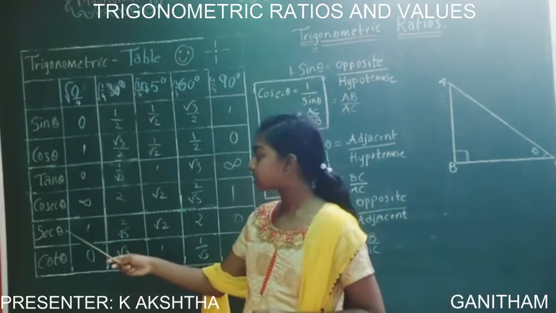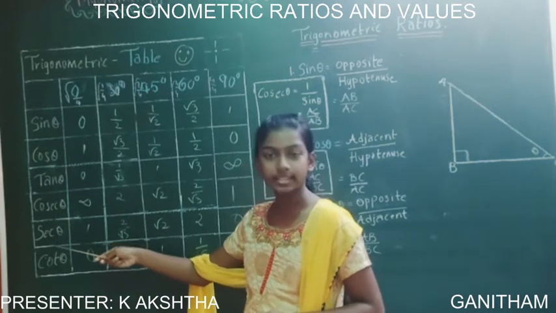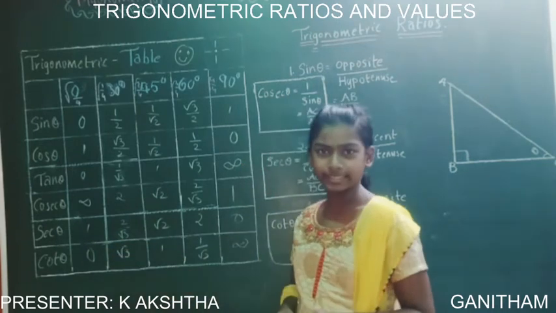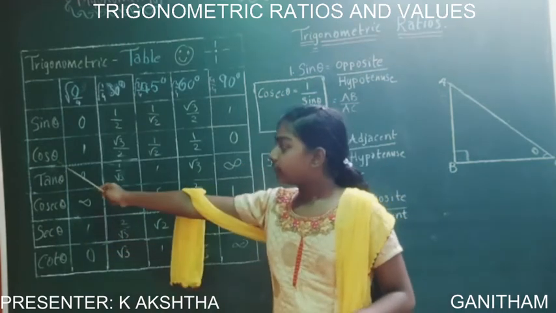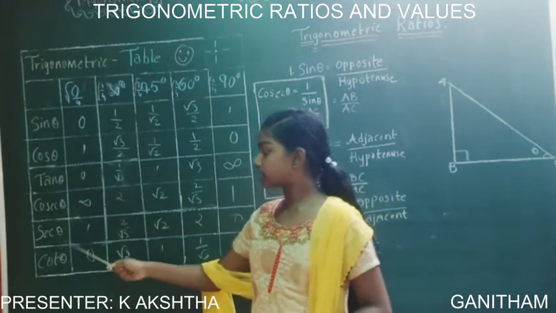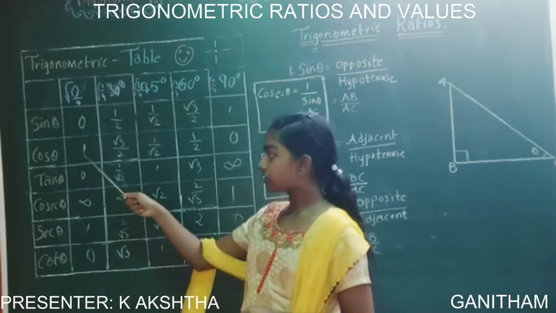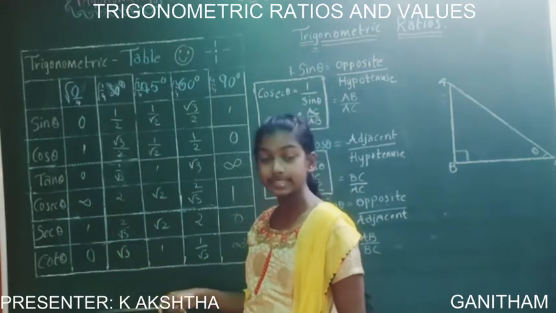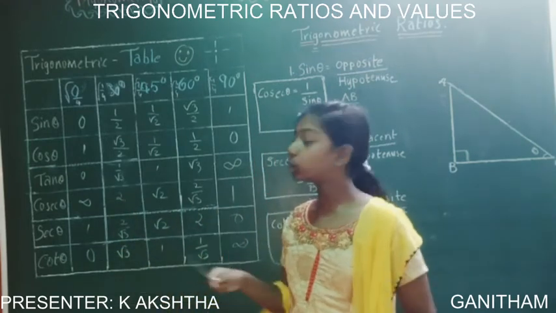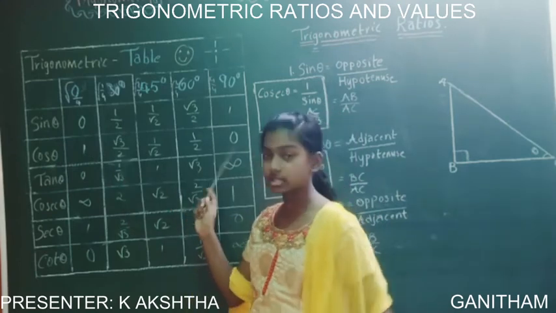Okay. Next, let us go to secant theta. What is secant theta? The inverse of cos theta is secant theta. So what do we have to do for getting secant theta? We have to divide 1 by the values of cos theta.